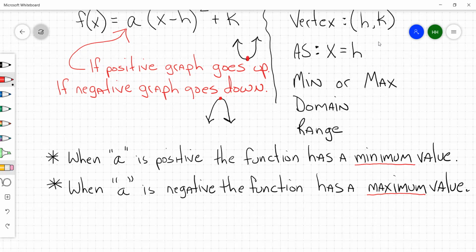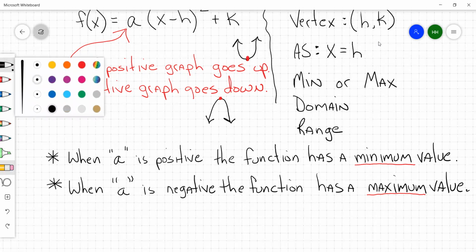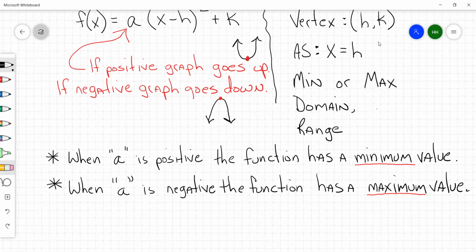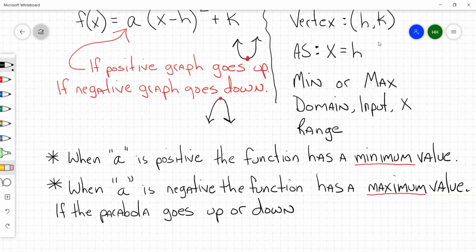All right. Now, the domain of the function. We said a couple weeks ago that the domain, that's your input. It's also known as your x values. If the parabola goes up or down, those are the only functions we're working with right now. The parabola either goes up or it goes down.